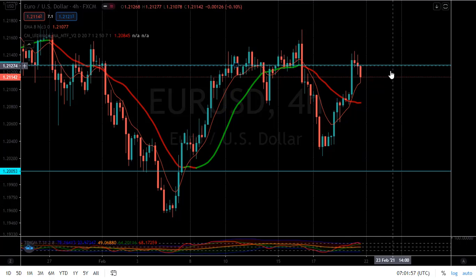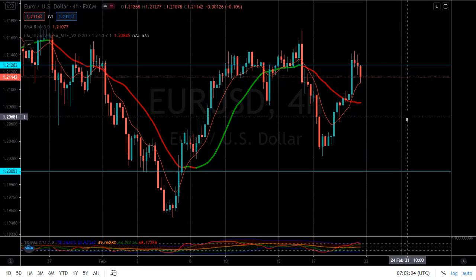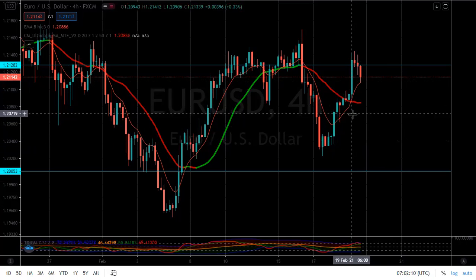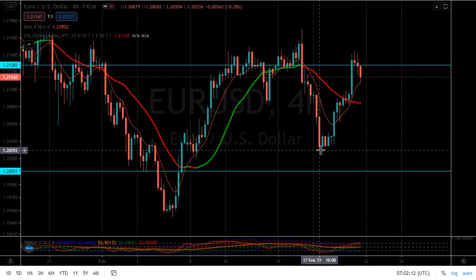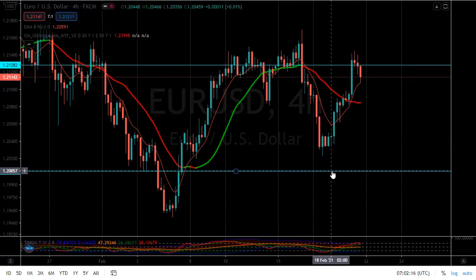So for now, let's watch that retracement, that pullback, and let's see if we keep breaking the key levels here. Let's say we break this here, then we'll be going down to the 1.20 handle, which will be the next key level of support, and that will be that for this week.